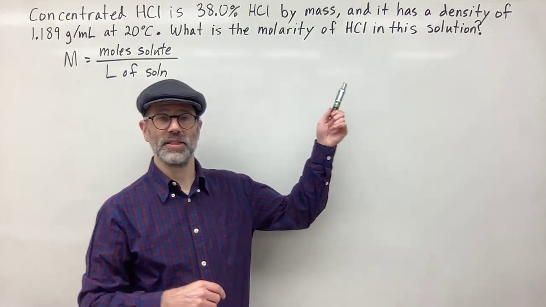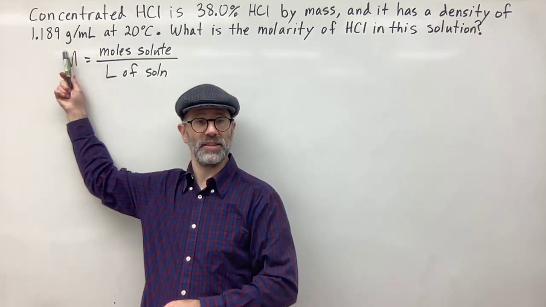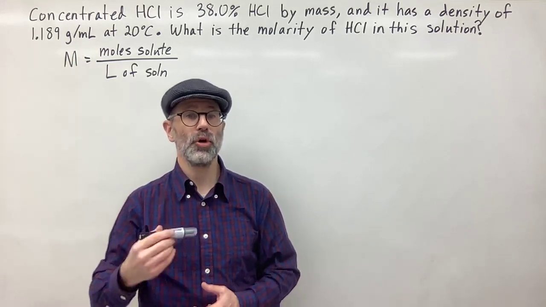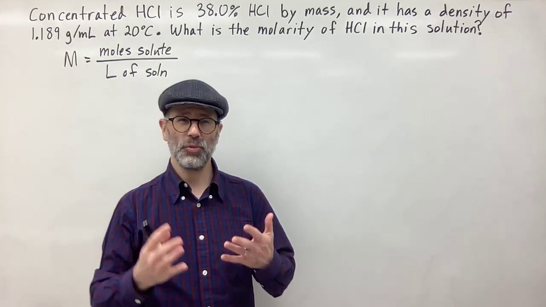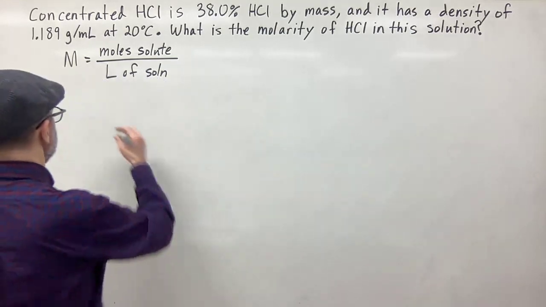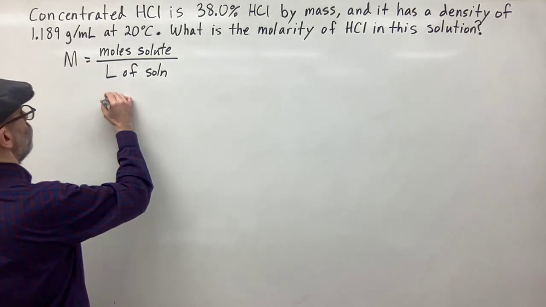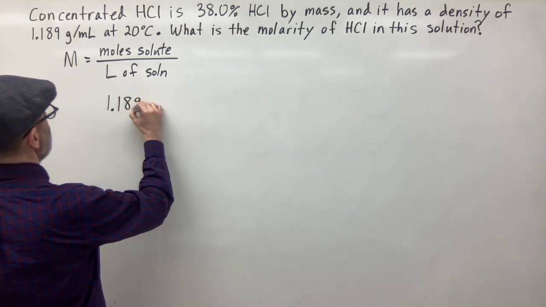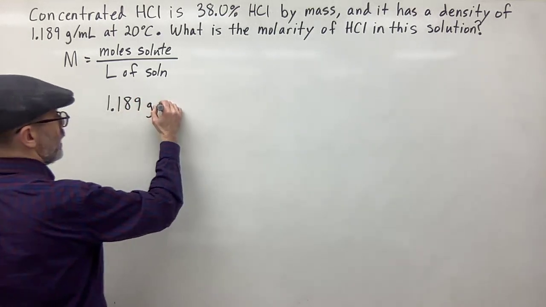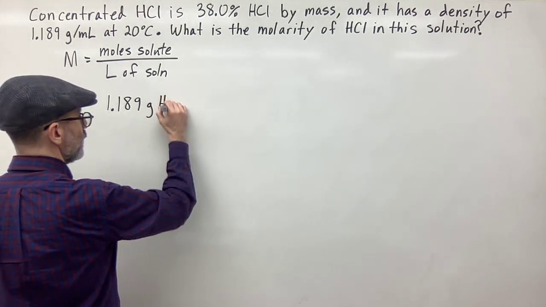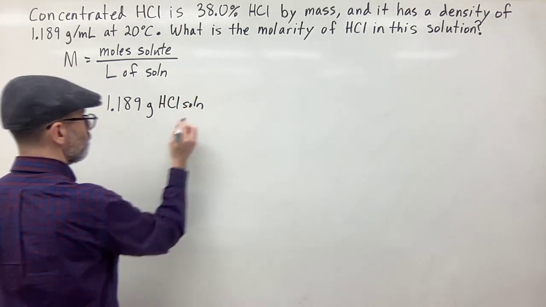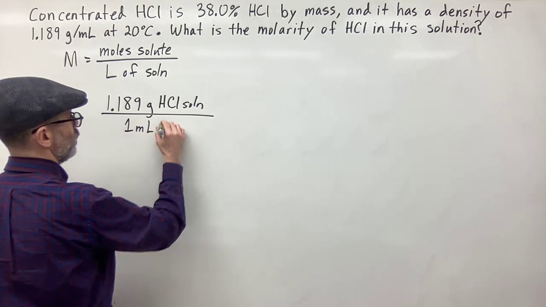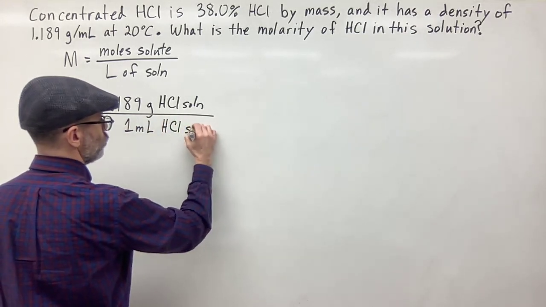So they happen to give us the density here. So the density is 1.189 grams per milliliter. So that gives us a ratio. So let's write that out. So we're given 1.189 grams, and this is grams of the HCl solution, per 1 milliliter of the HCl solution.